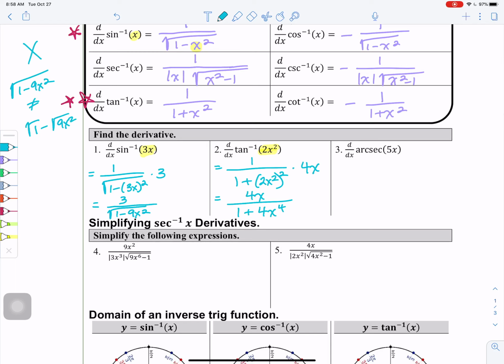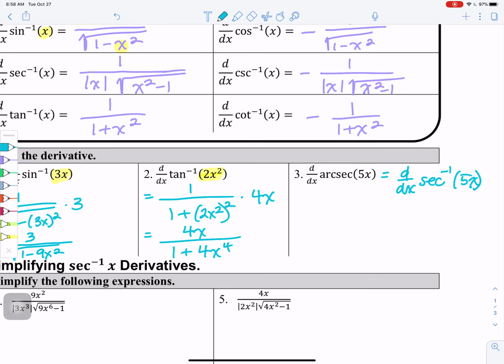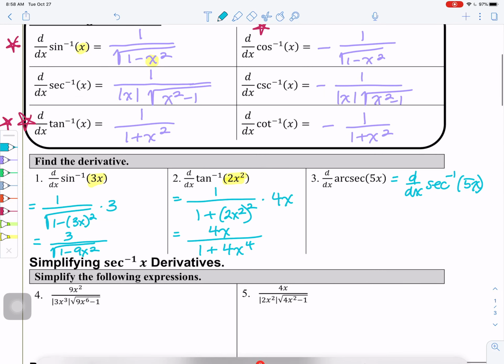Arcsecant, remember, this is equal to the derivative of the secant inverse of 5x, okay? Now, we're going to go to our formula up there. You do not have to memorize this. It is 1 over the absolute value of 5x times the square root of 5x all squared minus 1, okay?